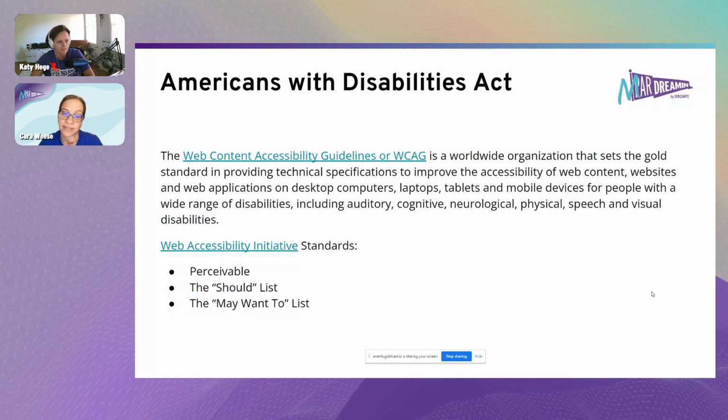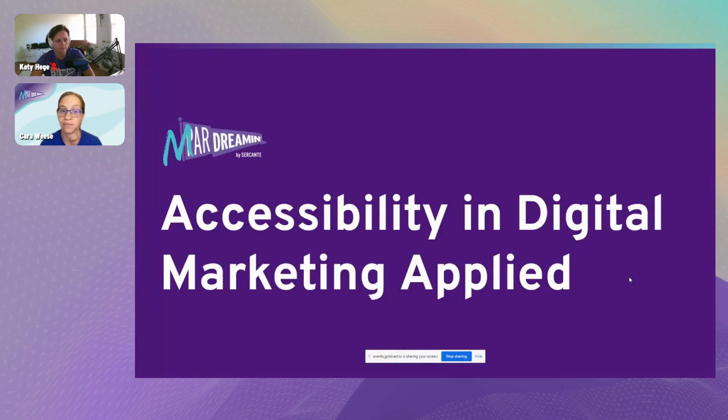These perceivable standards are the bare minimum that you need to follow in order to be within the legal ramifications. The should list is this will make you a whole lot better of a person as a marketer and spread that significance across the board. And the may want to is the ultimate. So the ultimate level of accommodation there. Again, perceivable is that bare minimum to be legal.